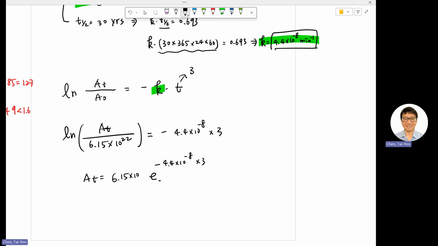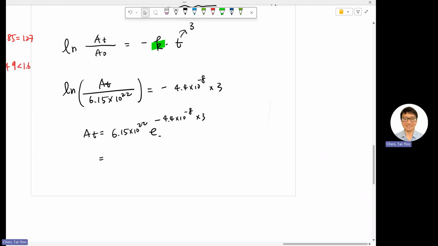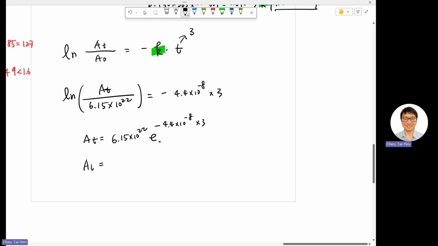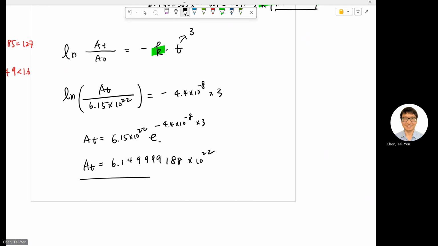by 6.15 times 10 to the 22nd. Once you do that calculation on your calculator, your A_t is going to equal 6.149999188 times 10 to the 22nd power.